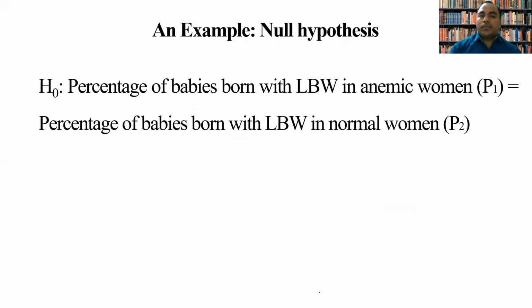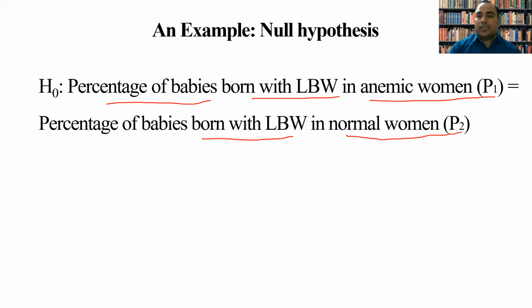We see another example. Suppose the percentage of babies born with low birth weight, LBW meaning low birth weight, in anemic women is equal to the percentage of babies born with low birth weight in normal women.